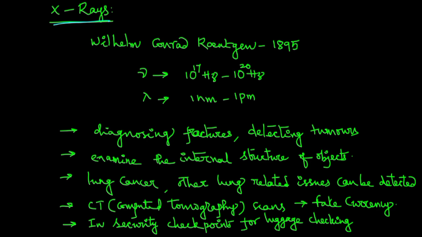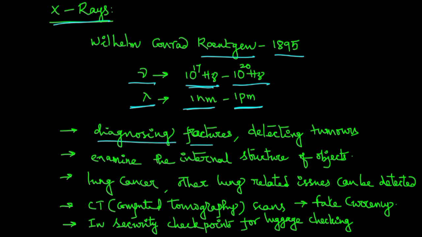X-rays were discovered by Röntgen in the year 1895. Their frequency range is 10 power 17 Hz to 10 power 20 Hz, and their wavelength range is from 1 nanometer, 1 nanometer means 10 power minus 9 meters, to 1 picometer, 1 picometer means 10 power minus 12 meters. And these are used in diagnosing fractures, detecting tumors, and to examine the internal structure of objects for industrial purposes.